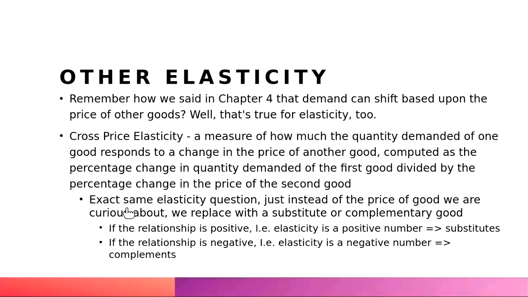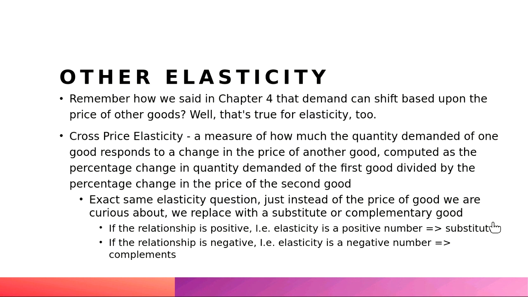Basically, it's the exact same elasticity question, just instead of the price of a good we are curious about, we replace it with a substitute or a complementary good. So for example, let's say that we're interested in the quantity demanded for Coca-Cola. The midpoint formula and the demand elasticity of Coca-Cola was simply how much does the demand for Coke change if we change the price of Coca-Cola.